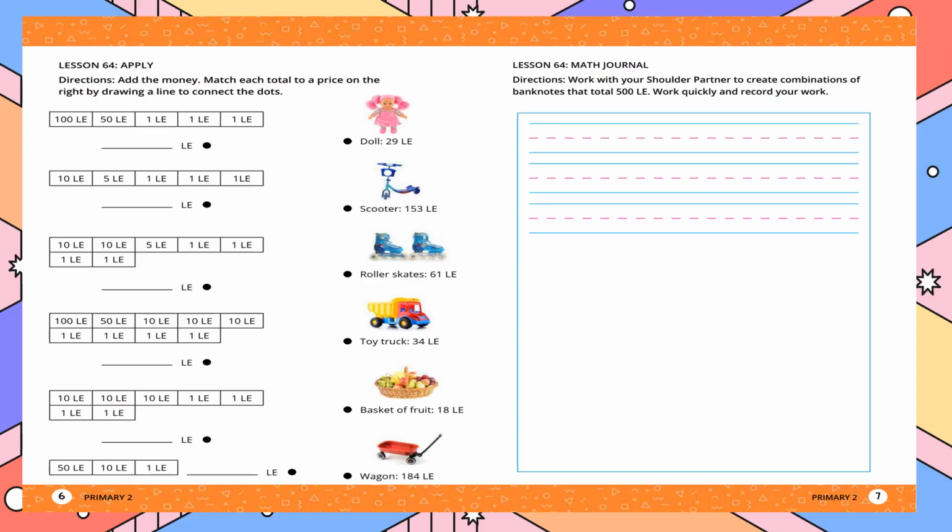Let's move to lesson 64. Add the money, then match each total to the price on the right by drawing a line to connect the dots. Let's start with the first one.